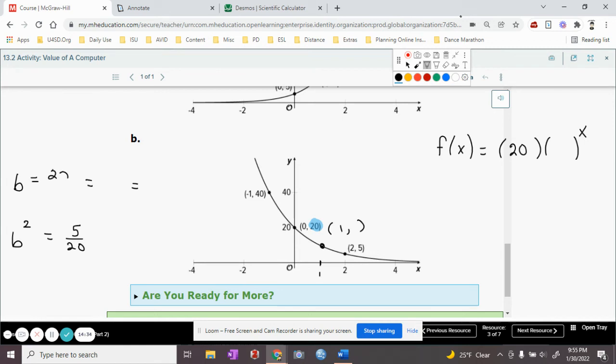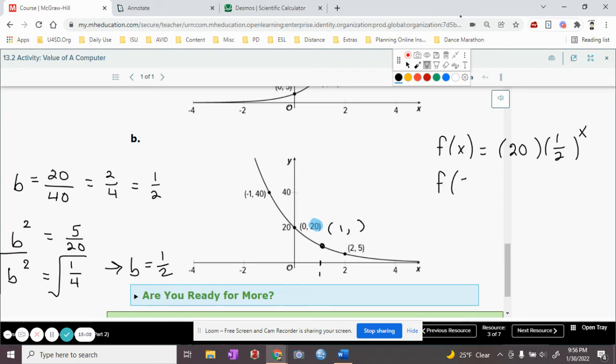Okay. 20 divided by 40, 2/4 or 1/2. There we go. So here we have that b squared equals 1/4. So doing what we did before, take the square root, and you still get b equals 1/2. There we go. That makes more sense. Because we are decaying, our multiplier has to be between 0 and 1. All right, so f of 5 equals 20 times 1/2 to the power of 5.